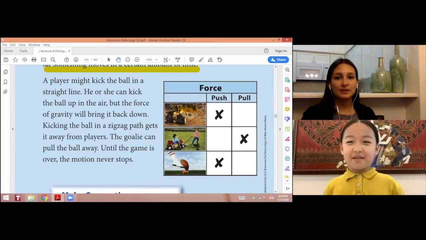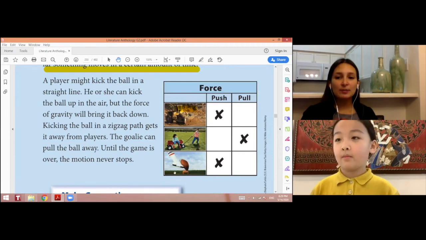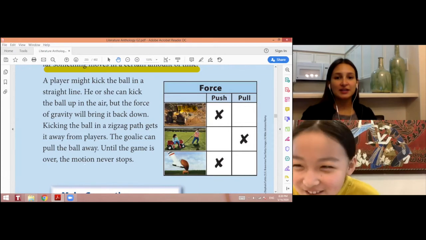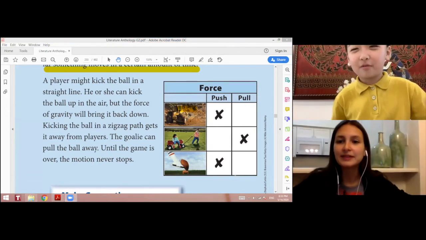Yeah, that's true. And what about the third one? What force? It's pushing. So what's pushing what? Foot is pushing a football.